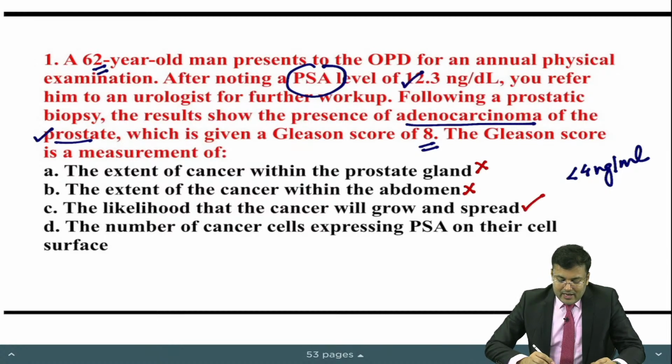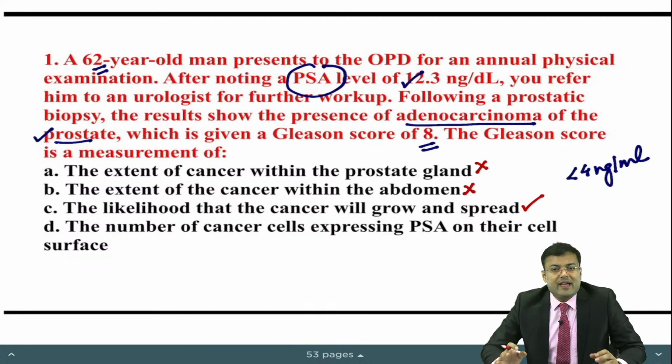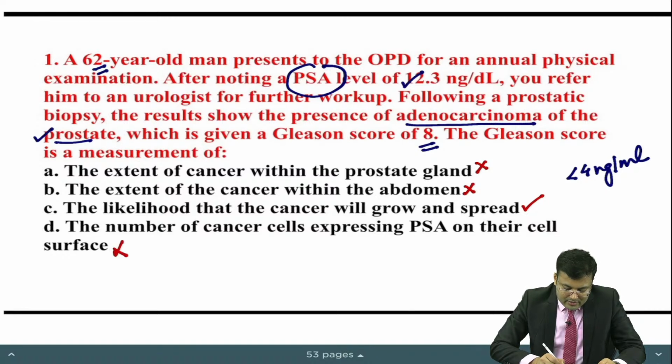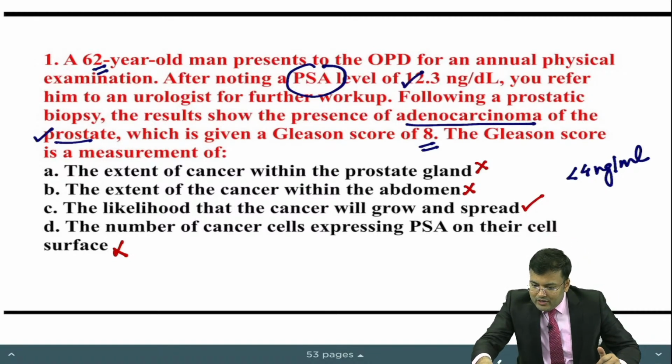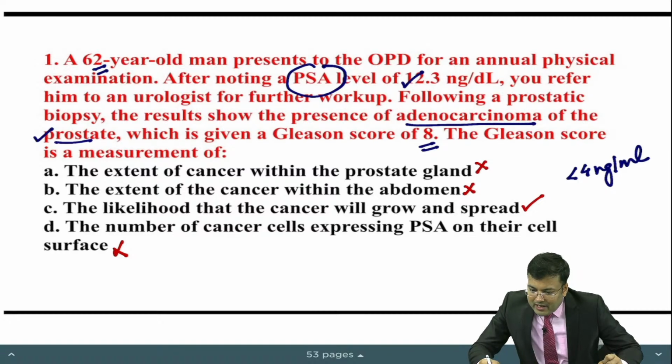This is correct. The number of cancer cells expressing PSA on their cell surface? This is wrong. So the correct answer is C. Gleason score is measurement of likelihood that cancer will grow and spread. Here Shivani was correct, Rashmi, Priya was correct.